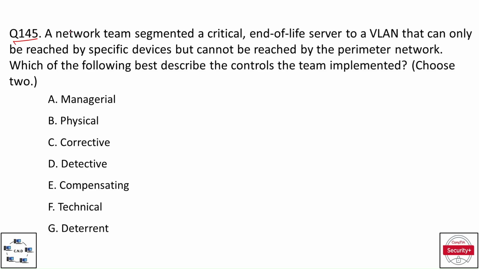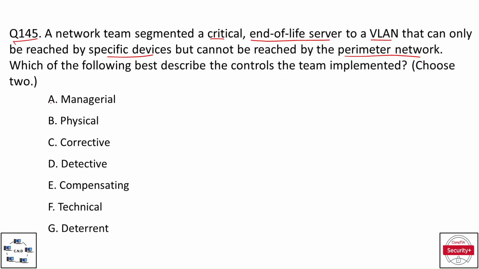Question number 145. A network team segmented a critical end-of-life server to a VLAN, that is virtual local area network, that can only be reached by specific devices but cannot be reached by the perimeter network. Which of the following best describe the controls the team implemented?